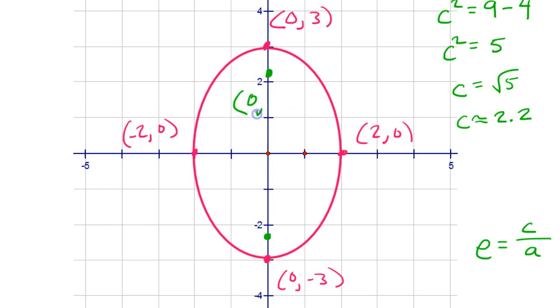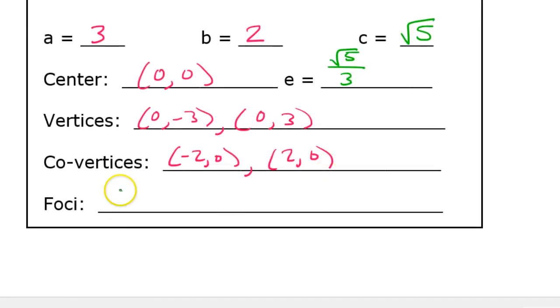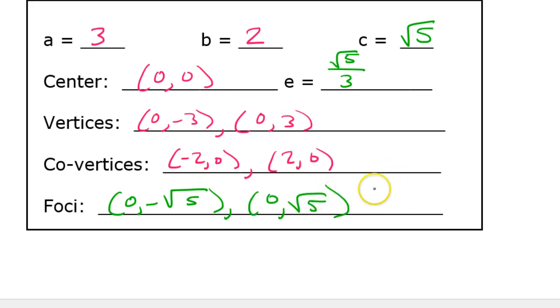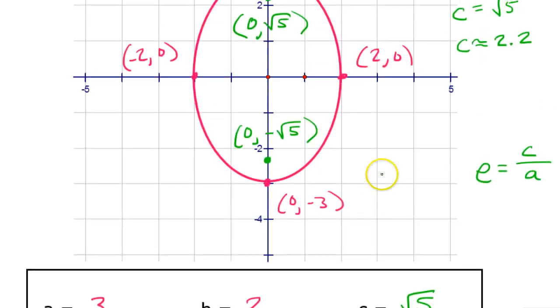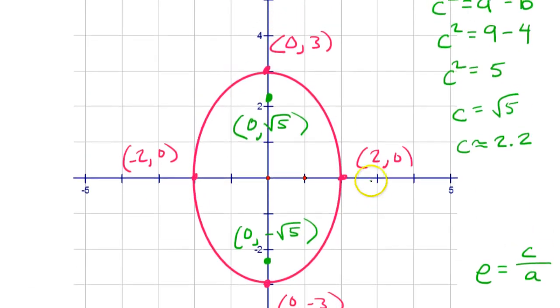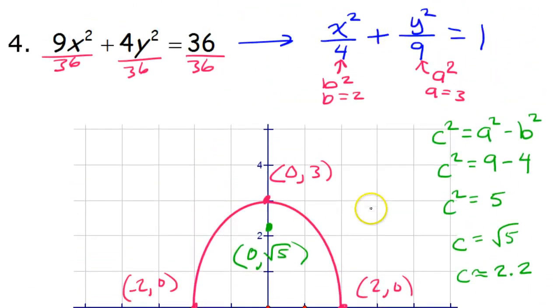So this is 0 comma radical 5 and 0 comma negative radical 5. And that's it. That is how you graph an ellipse and stuff. All right, that's it for number 4.